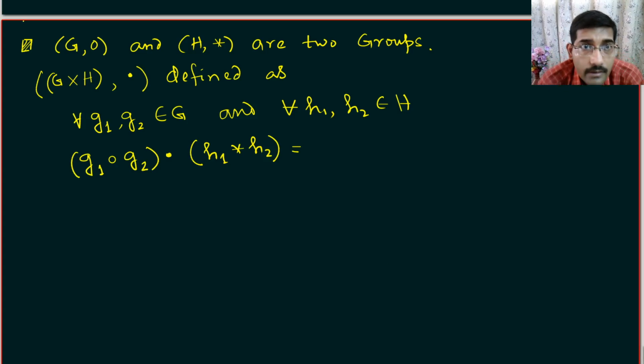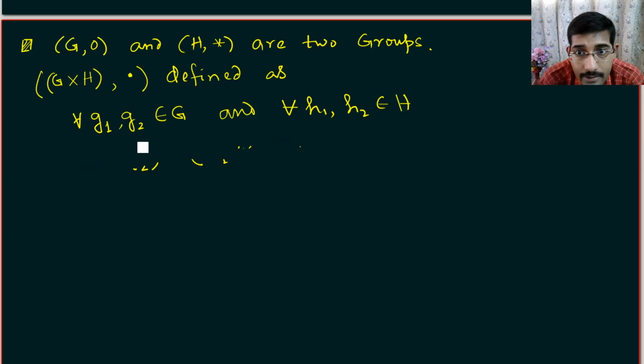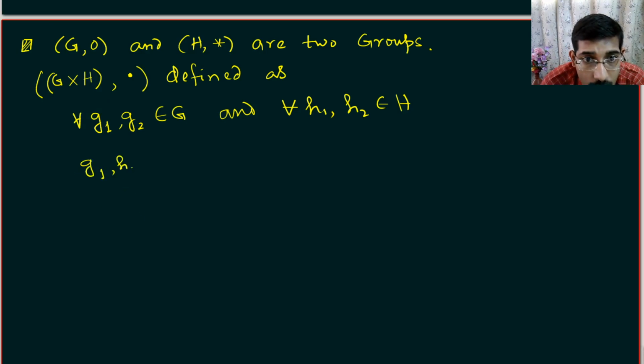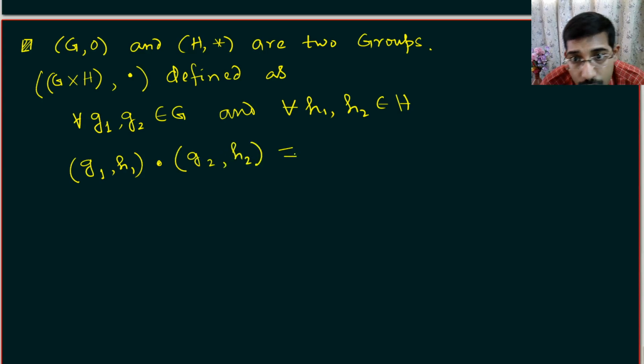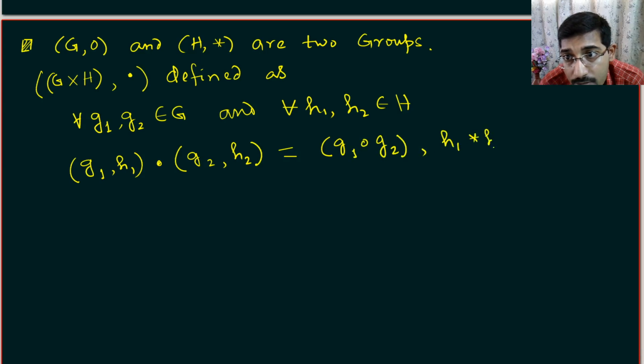Rather, let me go back a little and redefine this thing. What we want to do is define G1 comma H1 belonging to G cross H, with the operation we are doing with G2 comma H2. So we define this operation as G1 O G2 comma H1 star H2. This is how we do it for a tuple from G cross H.